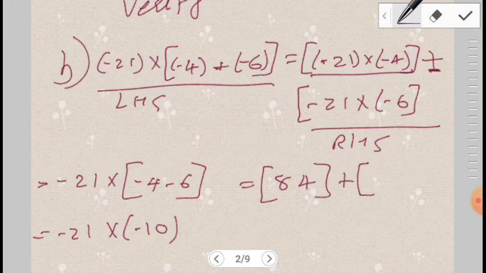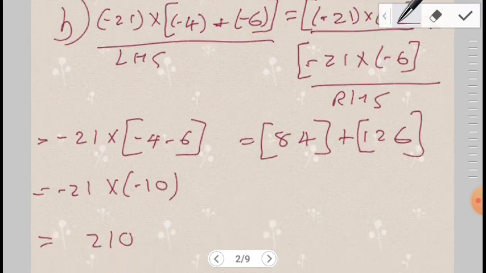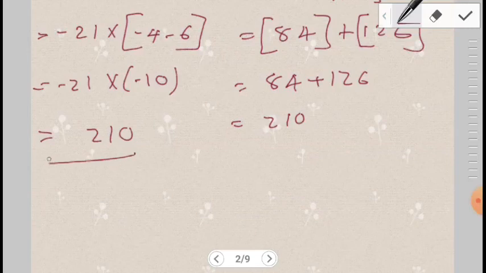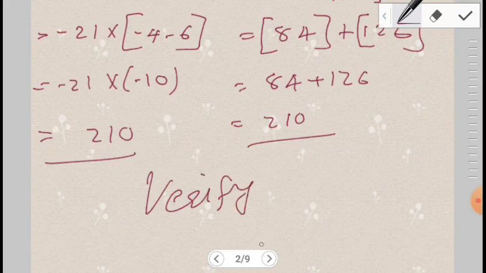So 21 multiplied by 6, so I will get 126, and minus 21 and minus 6, that means minus minus plus, that means plus 126. So here if I open this bracket, I will get 84 plus 126. After adding this 84 and 126, I will get 210 in the form of positive. So left side and right side both are equal. So I can say that both sides are verified.